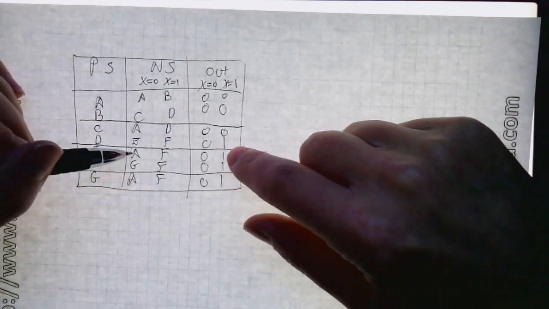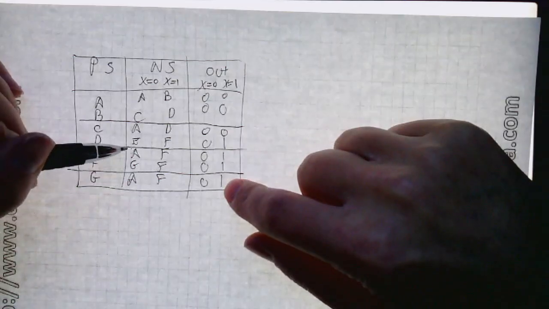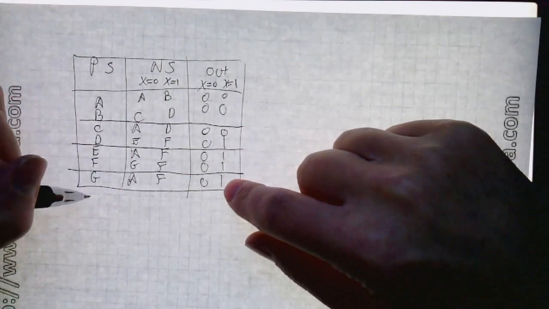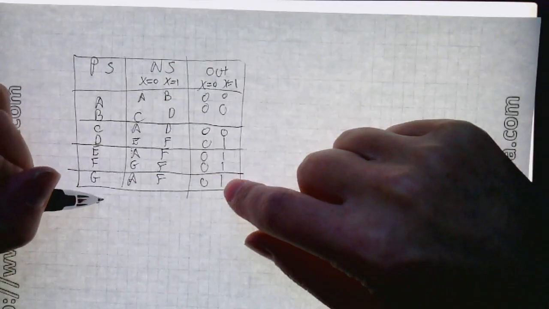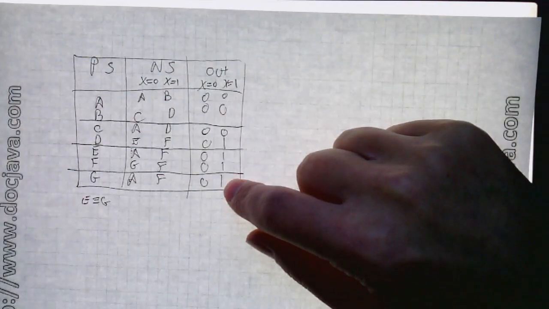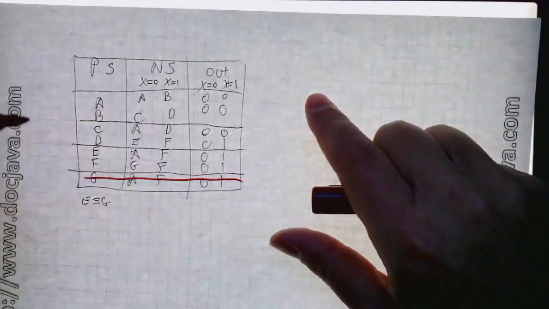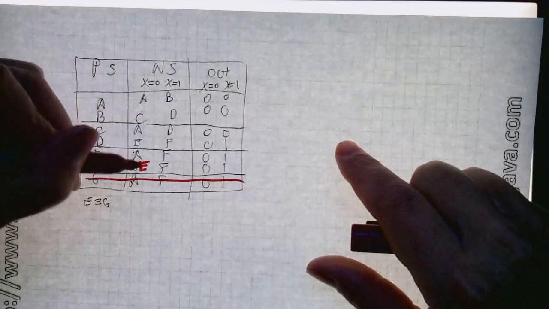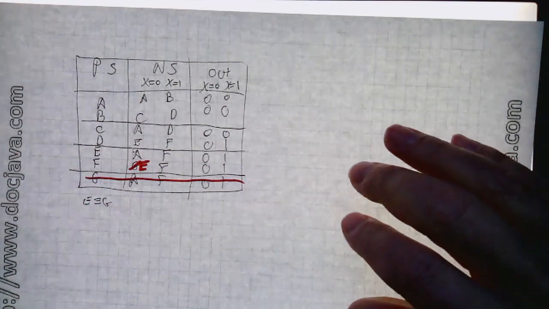So from a row reduction point of view, I can say that E is equivalent to G. So if E is equivalent to G, then I can take out G and write in E everywhere I see G. That seems to work okay.